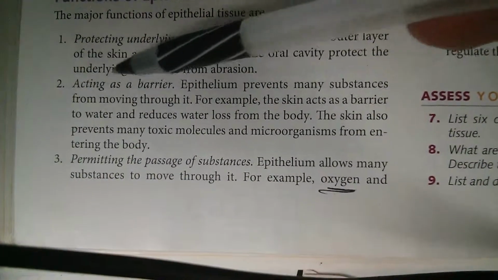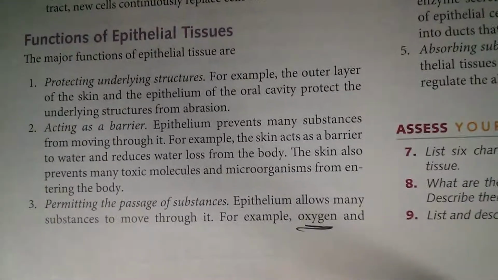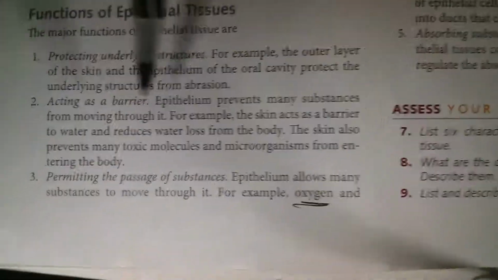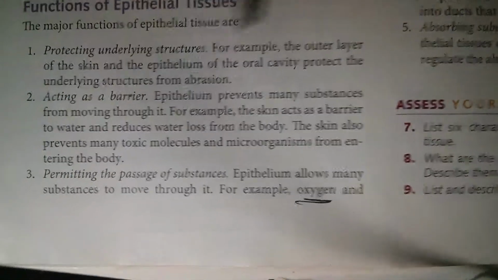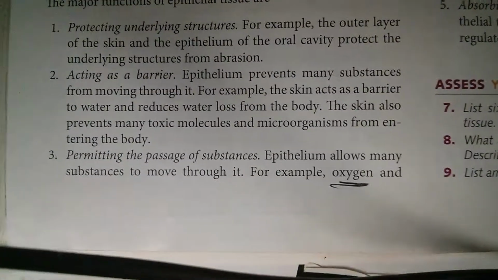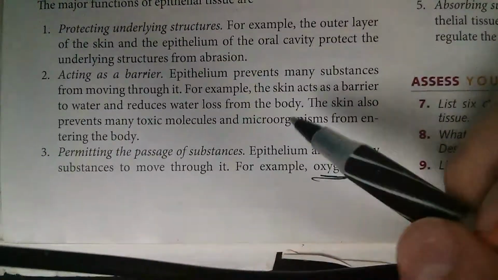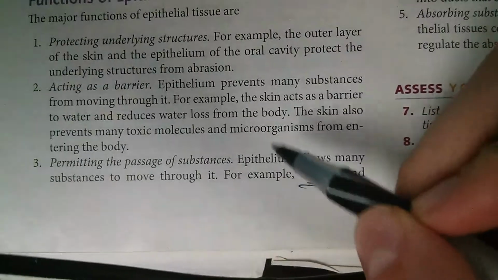Another is that it acts as a barrier, just like the plasma membrane in the cell, it's selectively permeable, so it lets certain things come in and other things not come out. The skin, for example, acts as a barrier to reduce water loss from the body, so we don't lose a lot of water.